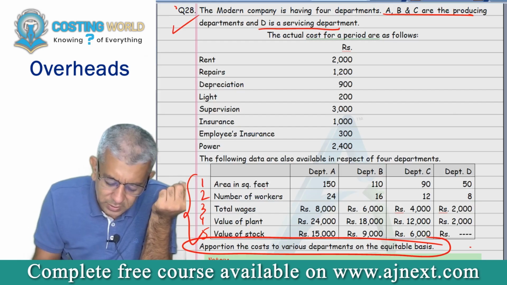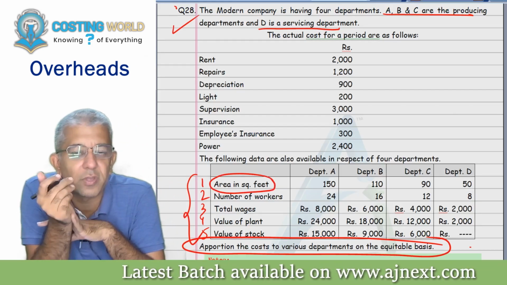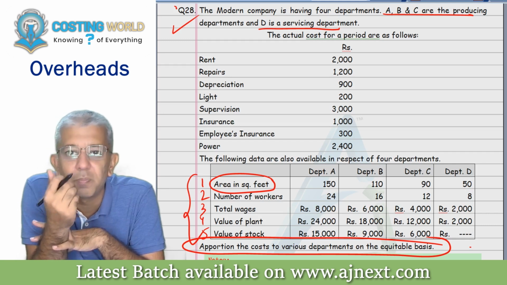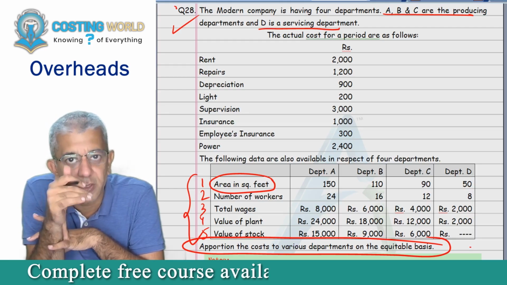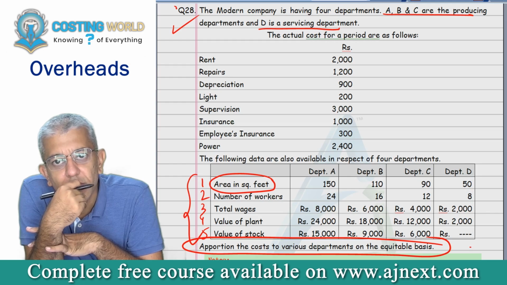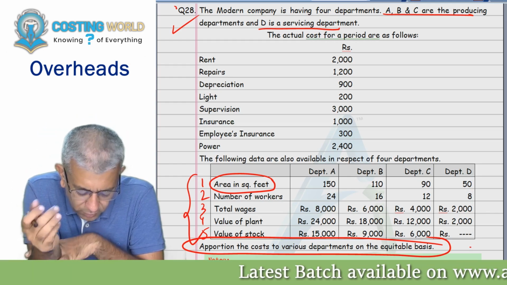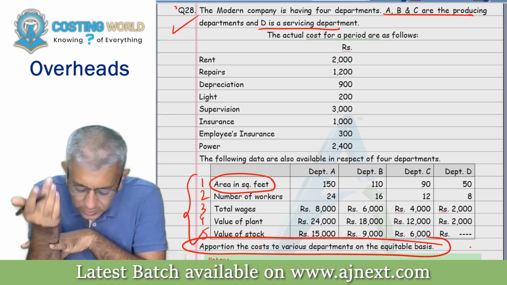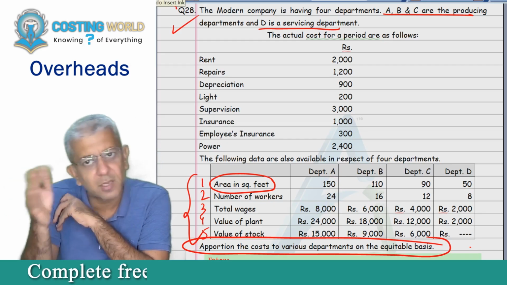Number of workers? Area will already take care of the number of workers. If you say that the more the area, automatically the more number of workers will come into that, so that takes it into account. If you are dividing in the ratio of area, you can see that more area means more workers, so automatically that will factor in.